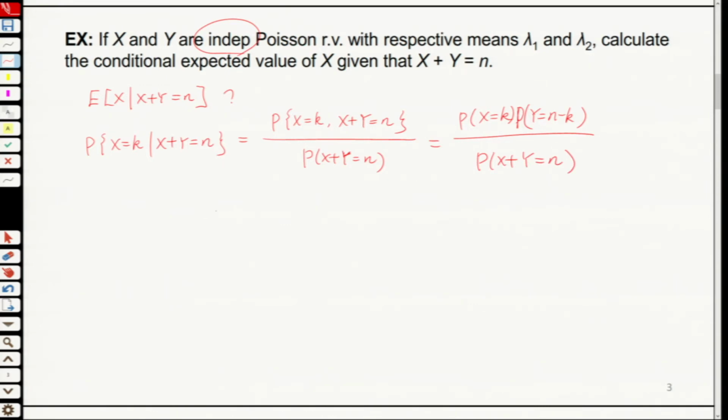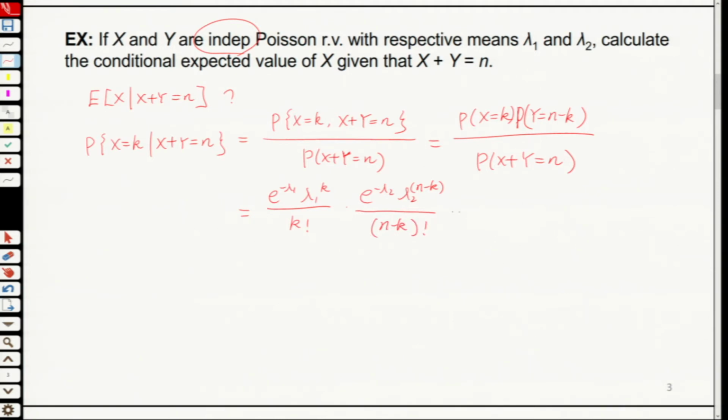So this will equal exponential minus lambda 1, lambda 1 to the k divided by k factorial, times exponential minus lambda 2, lambda 2 to the n minus k, divided by n minus k factorial.